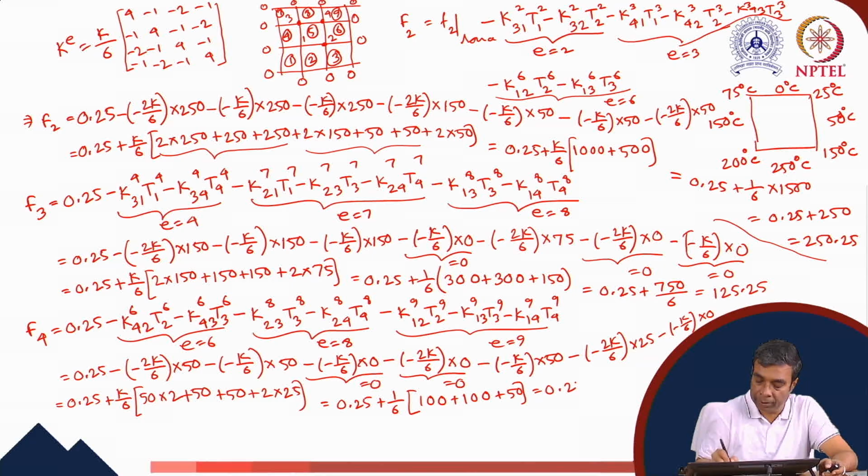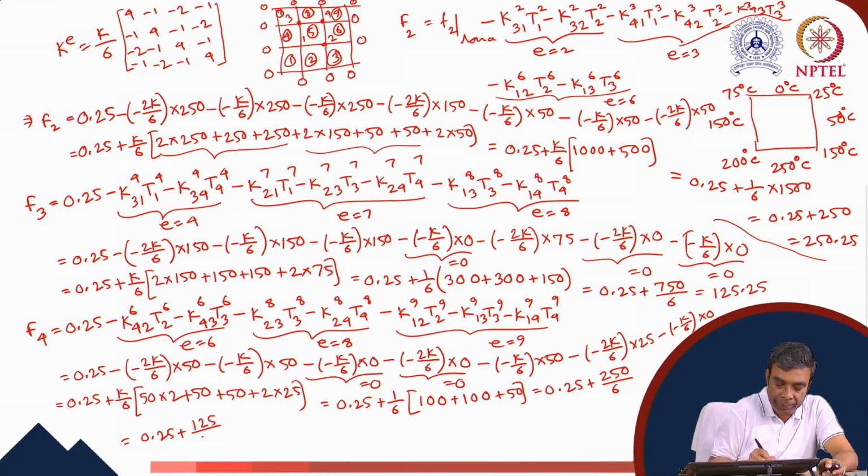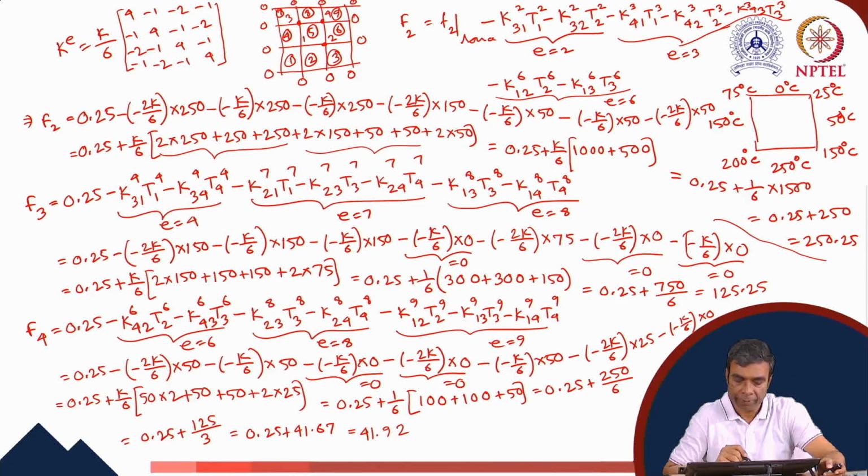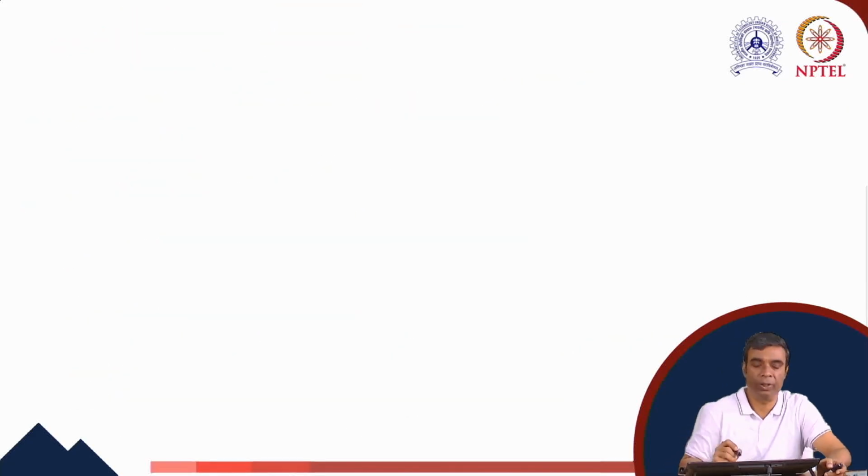So this is 0.25 plus 250 by 6 equals to 0.25 plus 125 by 3 equals to 0.25 plus 41.67. So we can write it as 41.92.